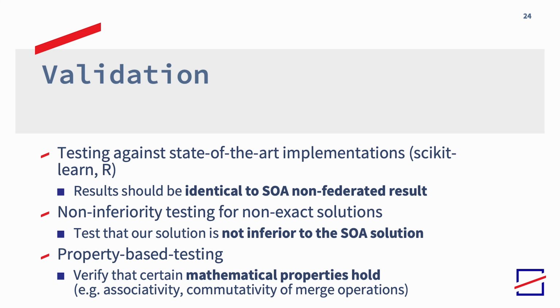So in these cases, we cannot have an exact match between the results because we had to find an approximate solution, but we can still test the inferiority of our solution against the state-of-the-art. And finally, a third type of testing called property-based testing is used to verify some mathematical properties on particular operations. For example, in order to have correct merging and parallelizable nodes, some properties have to hold, like associativity and commutativity, etc., which can be verified using this property-based testing.